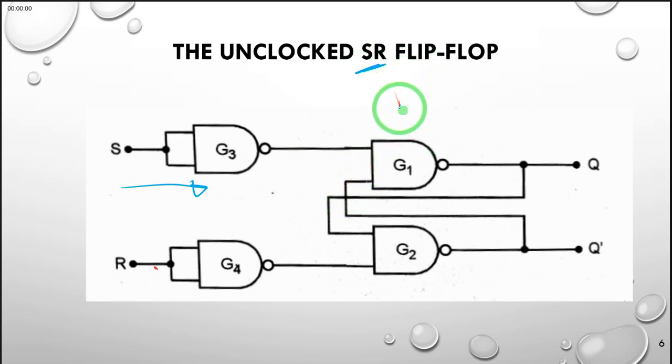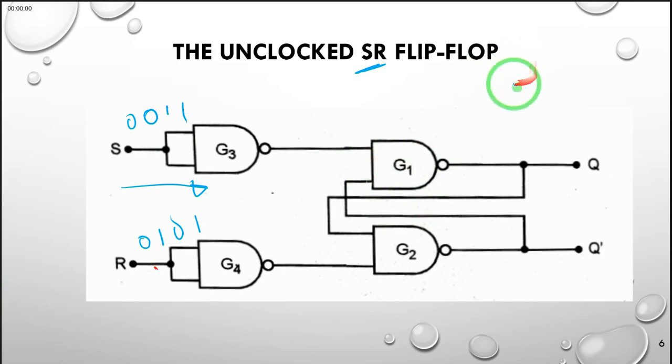And what we will simply do is to observe what happens when we have S at 0 and R at 0, S at 0 and R at 1, 1, 0 and 1, 1. Just the way we look at the 4 possible combinations of any input.